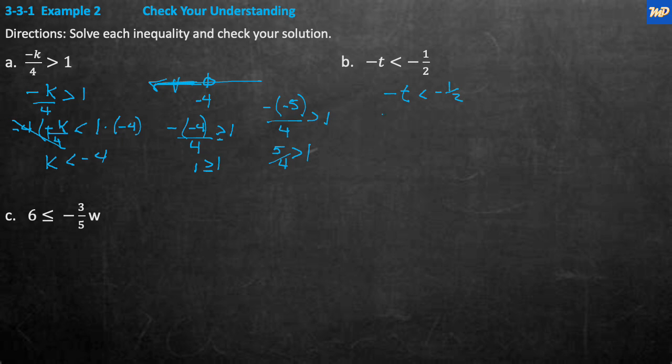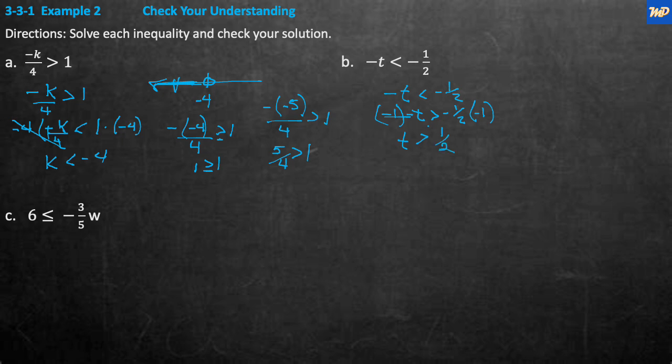So we're going to say negative 1 times negative t is greater than, once we multiply by the negative 1, we have to change the sign, greater than negative 1/2 times negative 1. And now these negatives cancel. We end up with t is greater than a half times a half is a positive. A half times 1 is a half. So the answer is t is greater than 1/2.